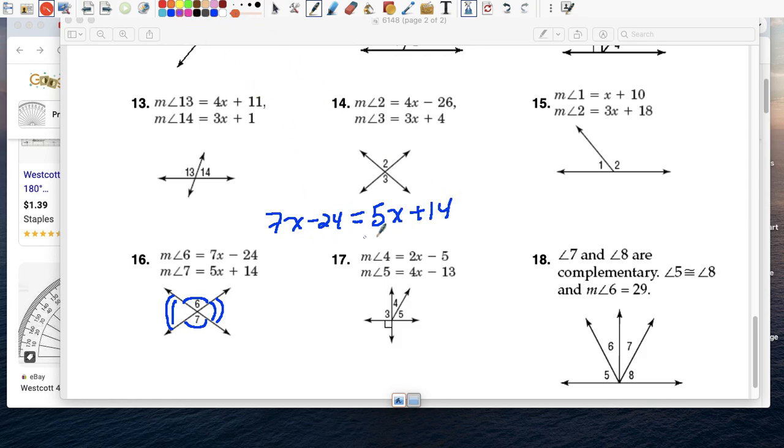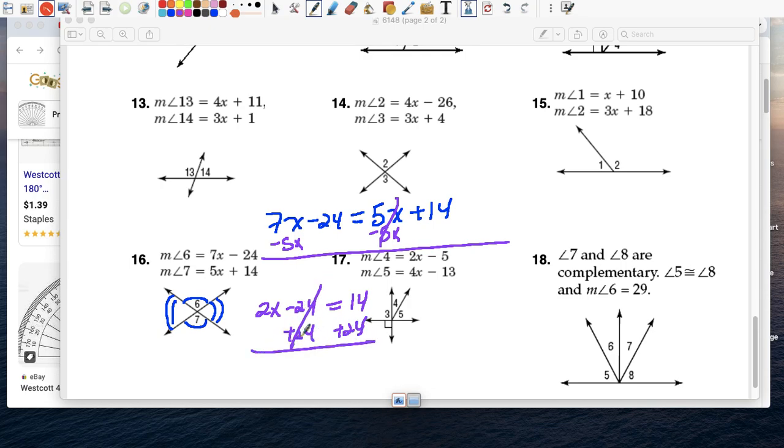We have variables on both sides. Let's get rid of the 5x, so minus 5x on this side, minus 5x on that side. So 5x goes away, 14 is left over, and here I have 2x minus 24. We're going to do plus 24 on both sides. 24 goes away, 2x equals 38. Divide by 2, divide by 2, x equals 19.